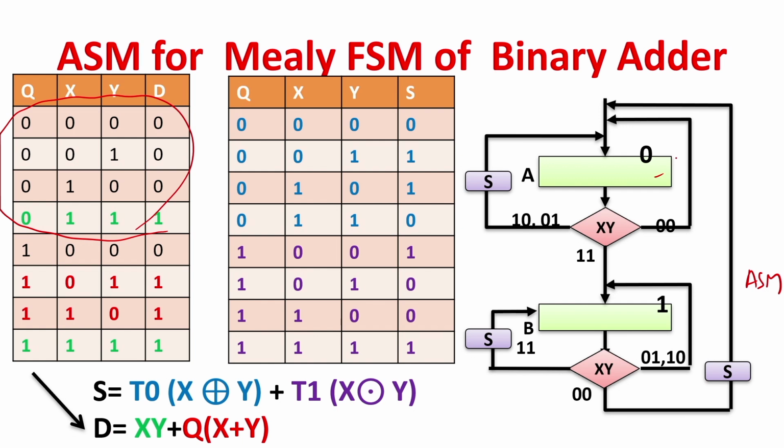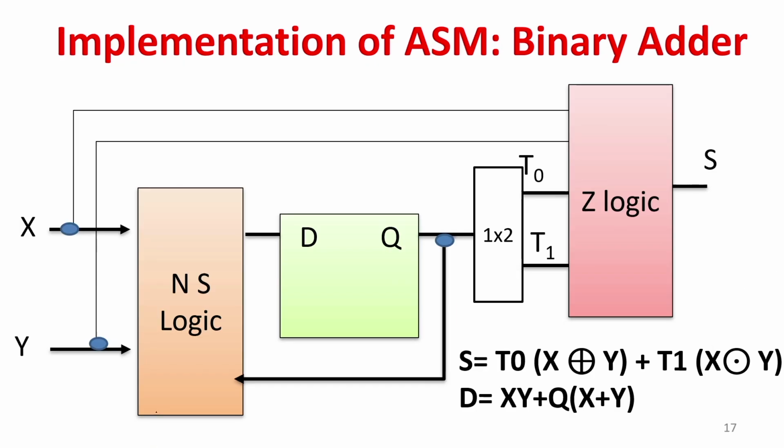Suppose you are in this state, and what value of x y takes it to the next state. Clearly, if you are in state 0, only 1 will go to the next state, that means this line. So, we are in state A, state 0, and if you are getting x y equal to 1, then only it will go to the next state, and this corresponds to yellow.